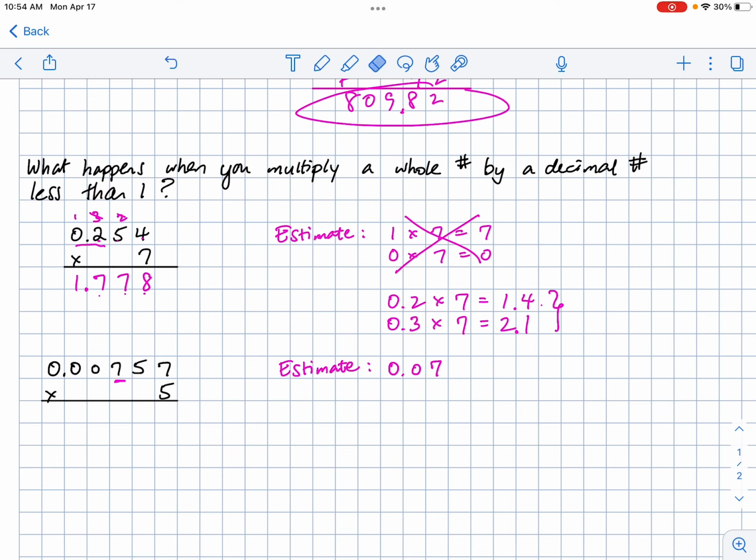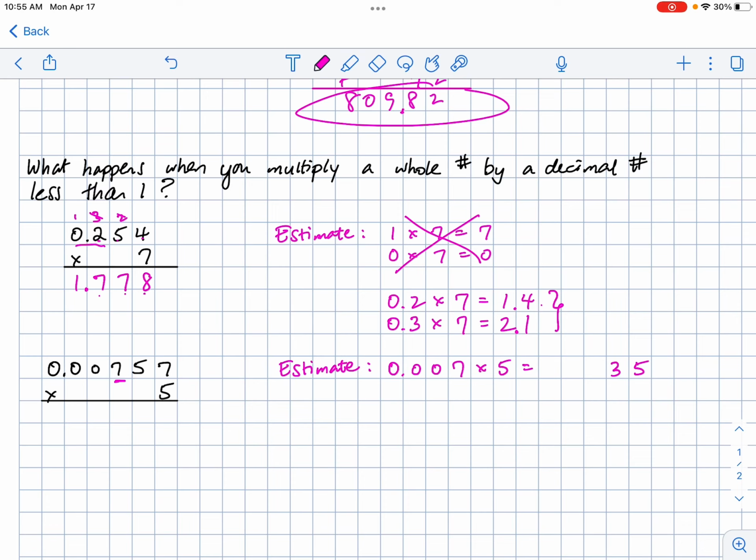Oops, I could go 7 thousandths times 5. Okay, again, I know from the previous work I did, 7 times 5 is 35. I know I'm going to have a 3 and a 5 in my product, but my answer doesn't make sense as 35 because I'm multiplying by 7 thousandths.